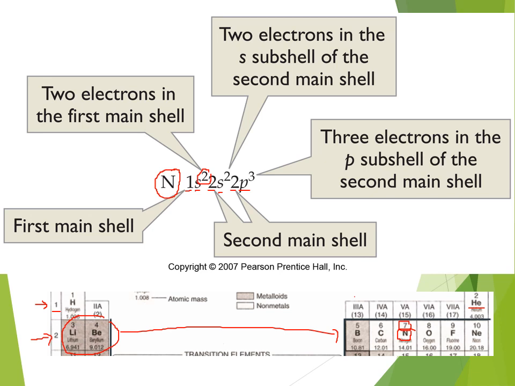Boron would be 2p1. Carbon would be 2p2. Nitrogen, since it's the third one, is represented by 2p3. So this is the full electron configuration of a neutral nitrogen atom.